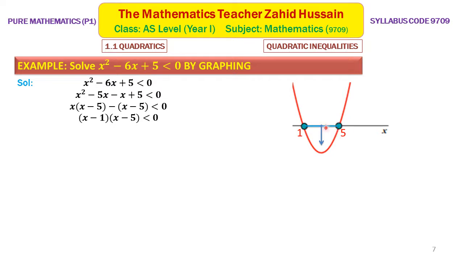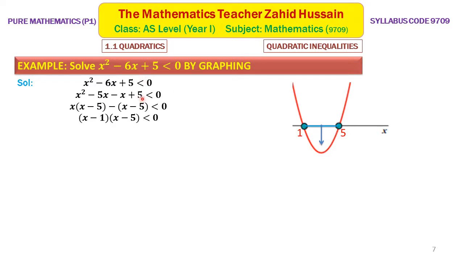So what will be our solution? All the values from 1 to 5, because there is only a less than sign. So 1 is not included and 5 is not included. All the values between 1 and 5 are the solution of this inequality, where the graph is less than 0, negative.